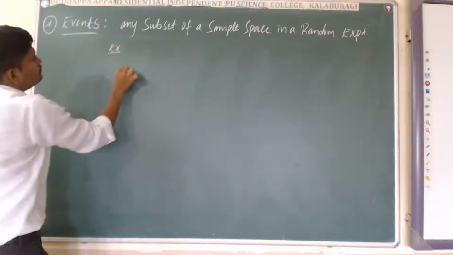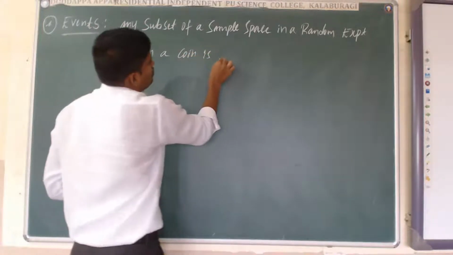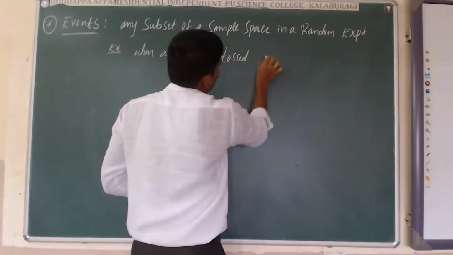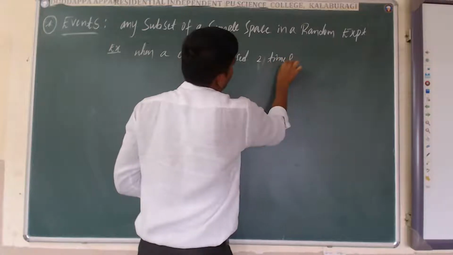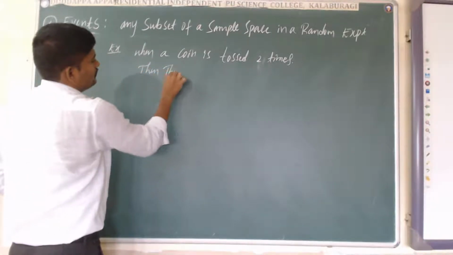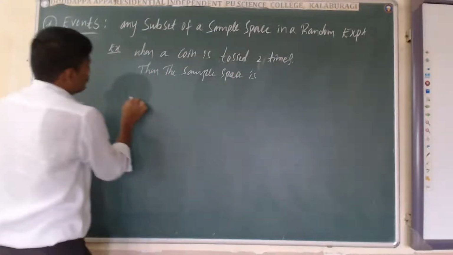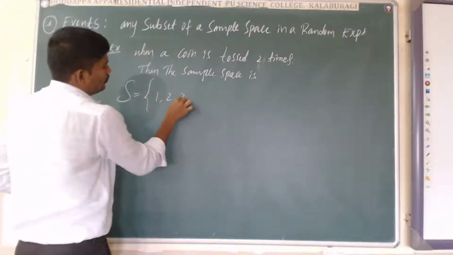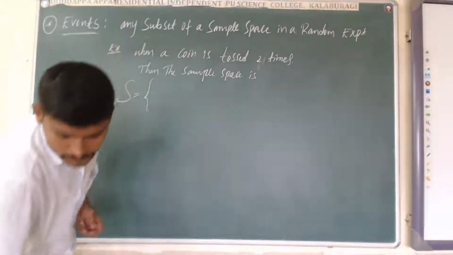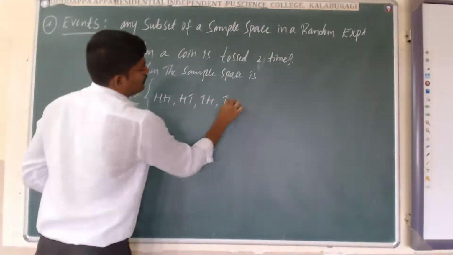Now, example. When a coin is tossed two times, then the sample space is, sorry, the sample space is head, tail, head, tail.